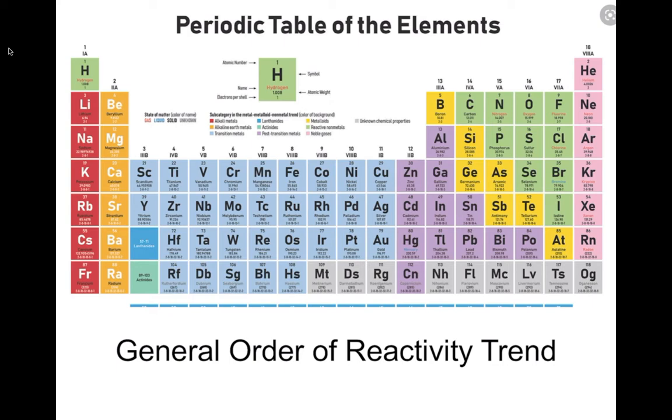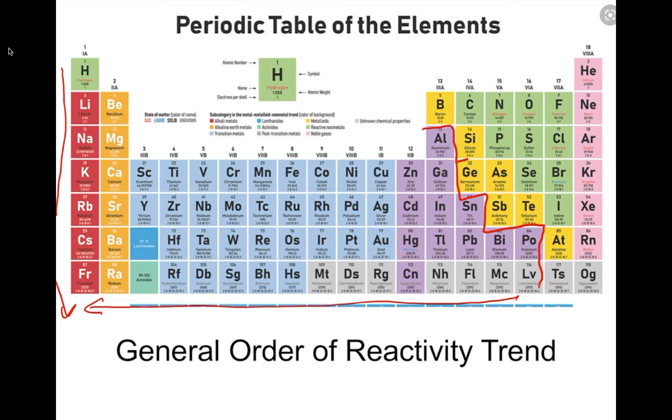So first off, let's look at just the general order of reactivity. If you've got your periodic table, you'll notice that we have our metals mainly to the left-hand side and our nonmetals mainly to the right-hand side. And they have a common trend depending on if you're talking about metals or nonmetals. Our metals, which are anything after this zigzag right here, they increase in reactivity to the left and down.